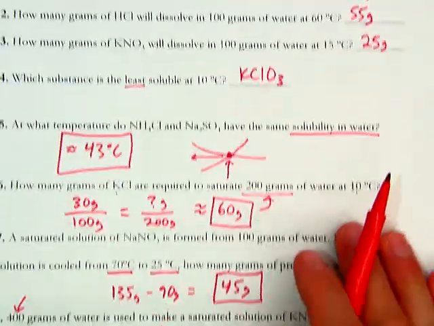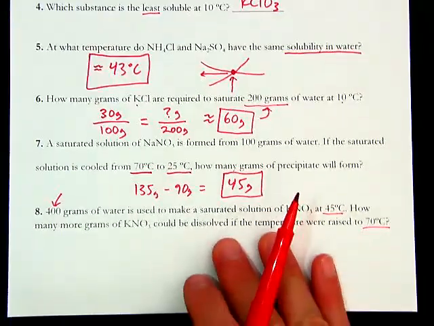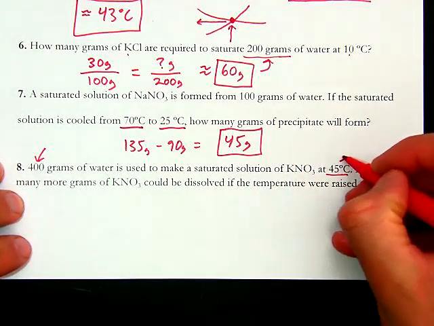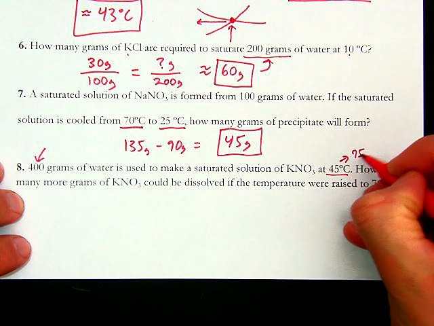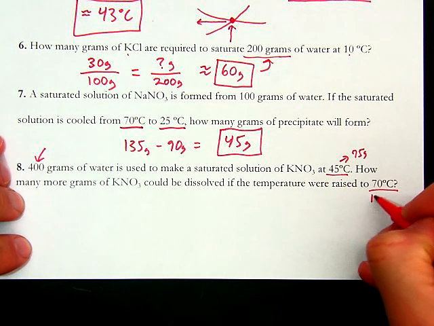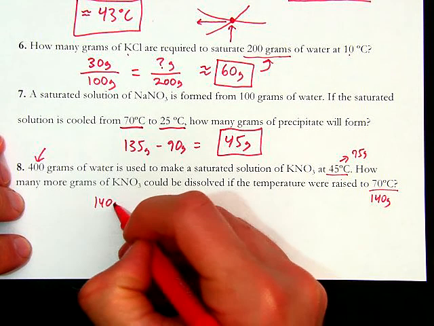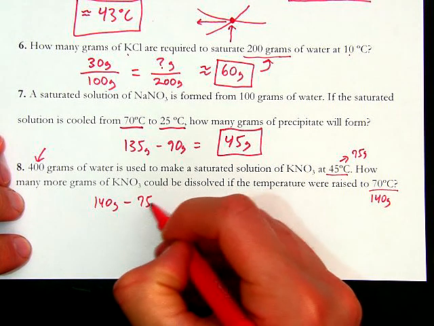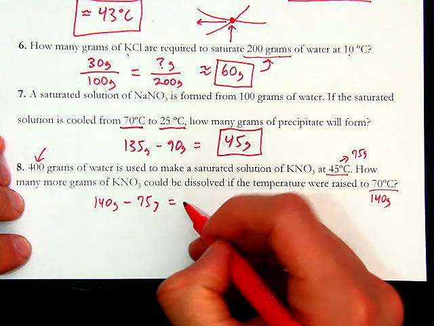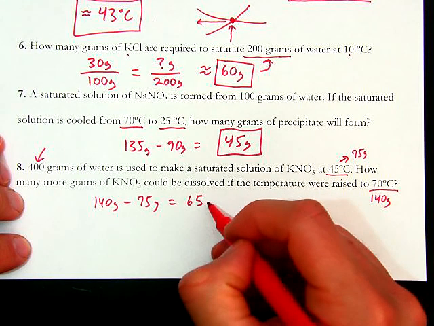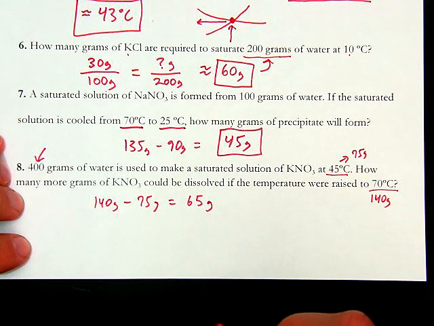So in terms of what we have to do with this problem, if at 45 we can dissolve 75 grams, and at 70 we can dissolve 140 grams, then 140 grams minus 75 grams equals 65 grams, right?